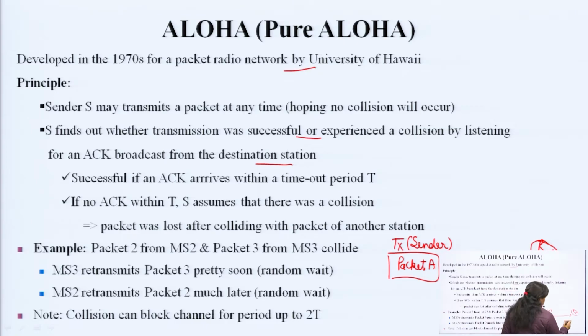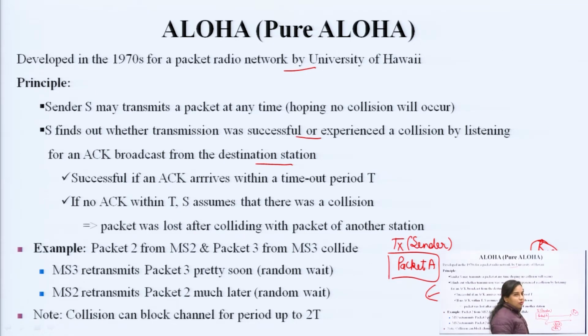Then in return it will receive an acknowledgement. It can be a positive acknowledgement or a negative acknowledgement. NAK is negative acknowledgement, ACK is positive acknowledgement. So, in return it will listen for the acknowledgement.